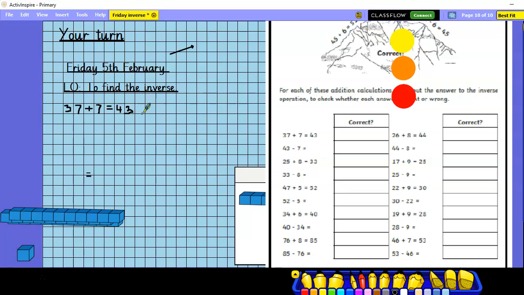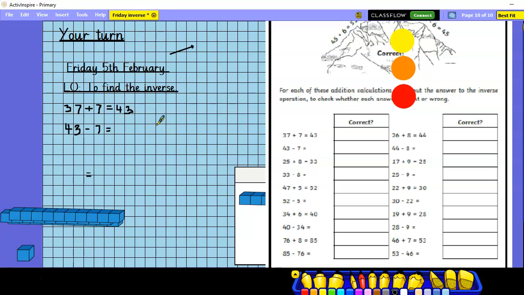And I'm going to tick or cross it there if it's incorrect. To help me, I'm going to do the inverse. The inverse is 43. Remember, I'm reading it backwards. 43 take away 7 is equal to, and I want to check that it's equal to 37. Might or might not be.